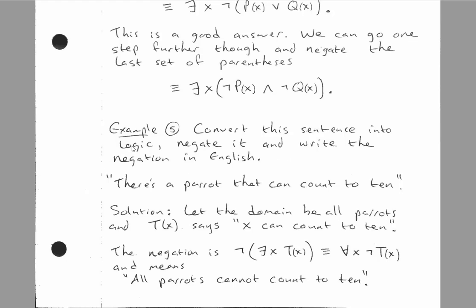Okay, one last example. Convert this sentence into logic, negate it, and write the negation in English. So this is the sentence: there's a parrot that can count to 10. Right, so let the domain be all parrots, and t of x says x can count to 10.